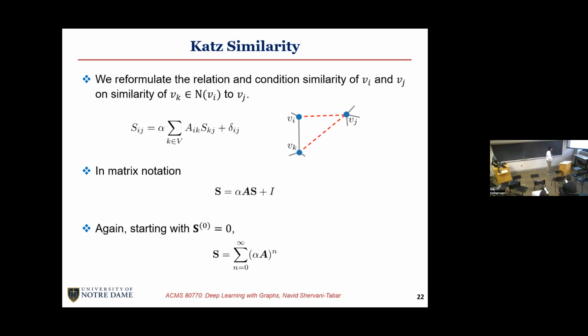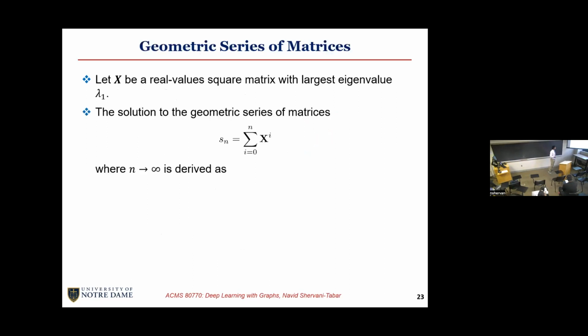It's going to be just different powers of matrix A, 4, 3, 2, 1, plus I. So not just the even powers. We write that, and this is going to give us this relationship. So this relationship is a geometric series of matrices.